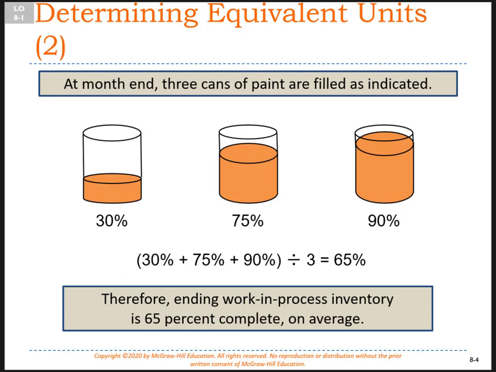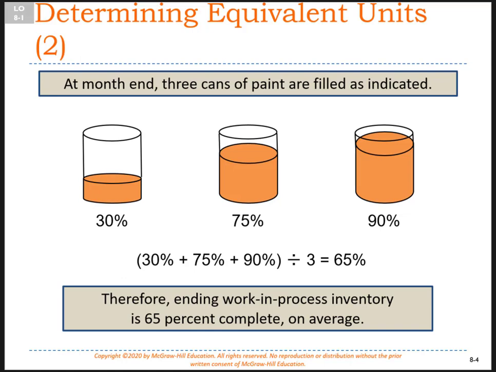So 3 times 65%, or 1.9, would give us the equivalent units. Instead of being 3 gallons, it's actually the equivalent of just under 2, because it's not fully complete.